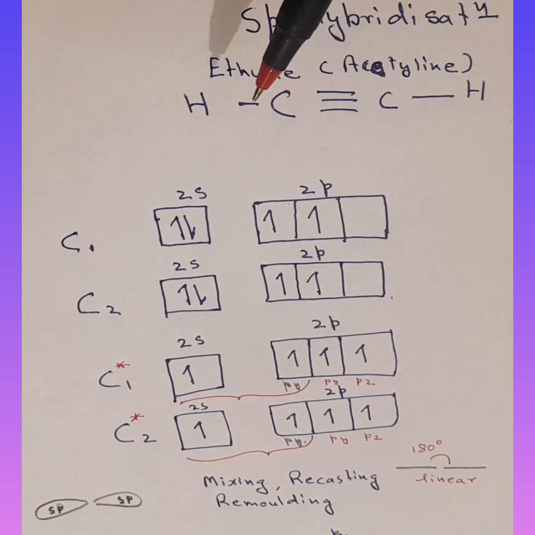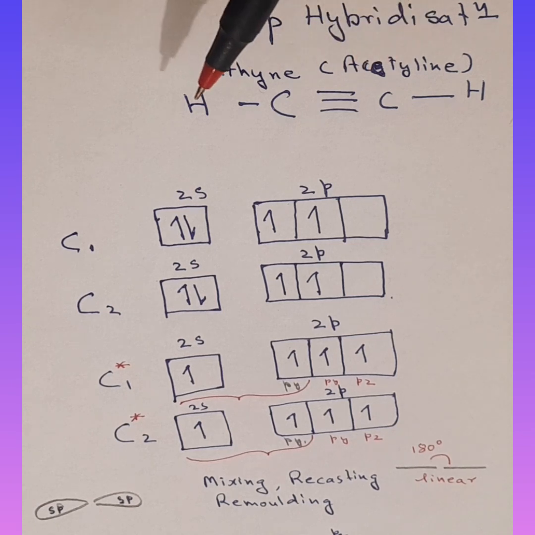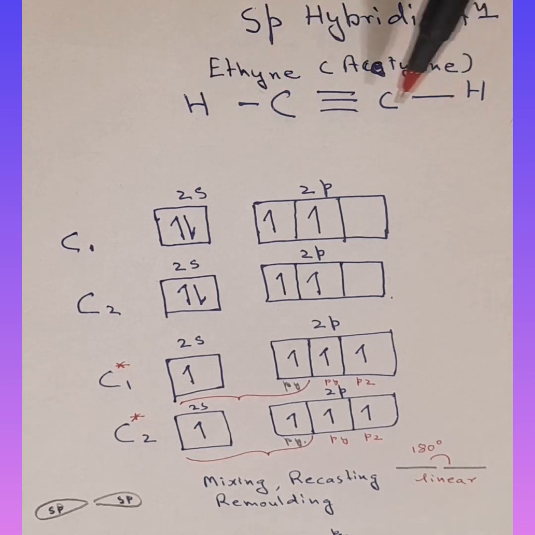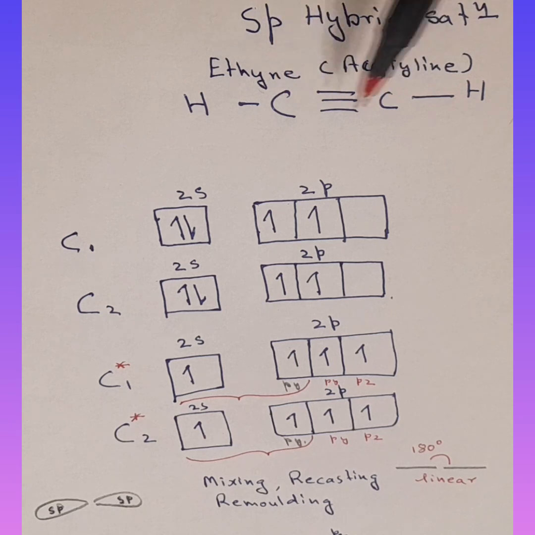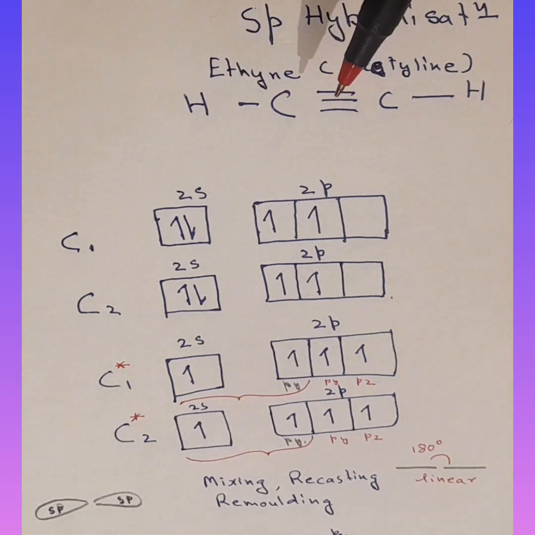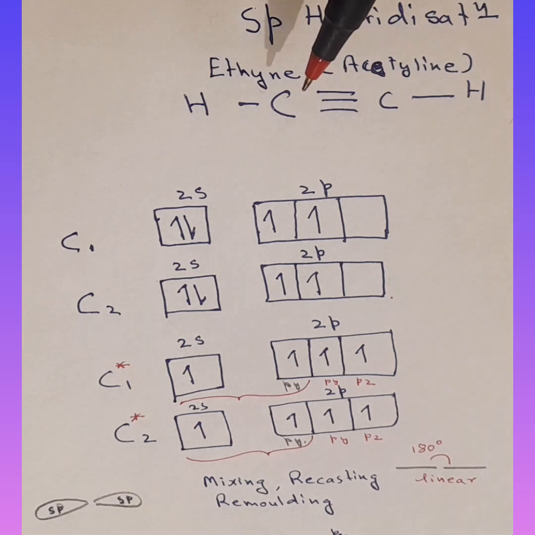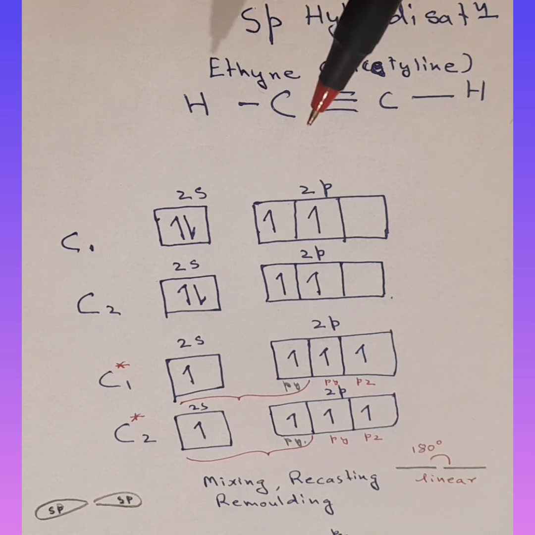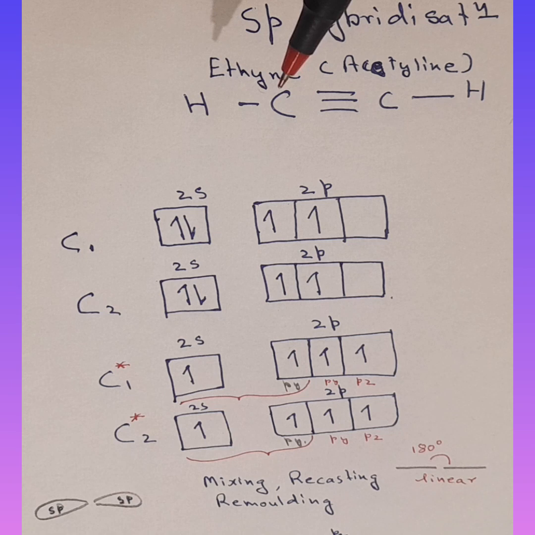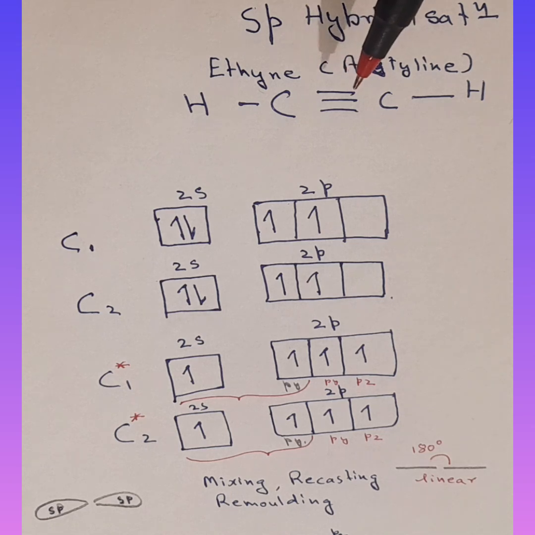The structural formula of ethyne or acetylene is CH triple bond CH, with a triple bond between the two carbons. In sp3 hybridization, we saw that all were single bonds. In sp2 hybridization, we saw that there was one double bond, and in sp hybridization we are finding that there is one triple bond. All right, let's get into it.